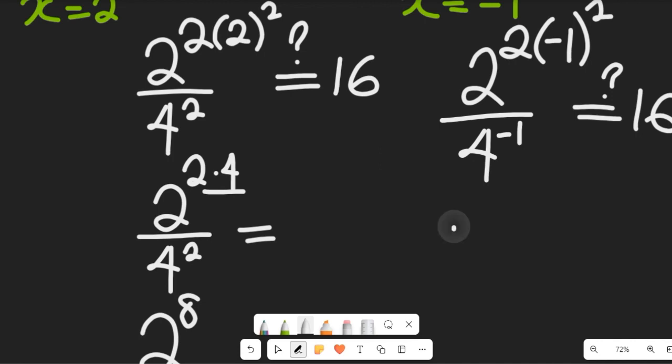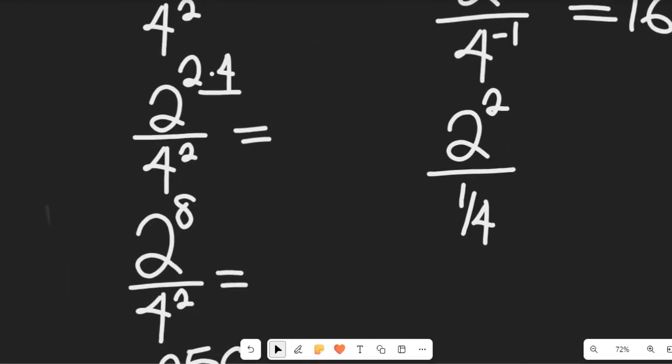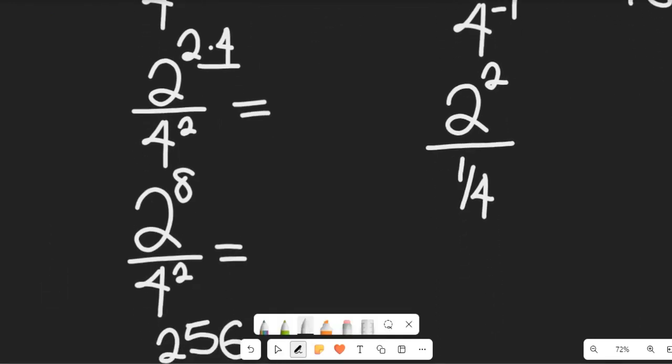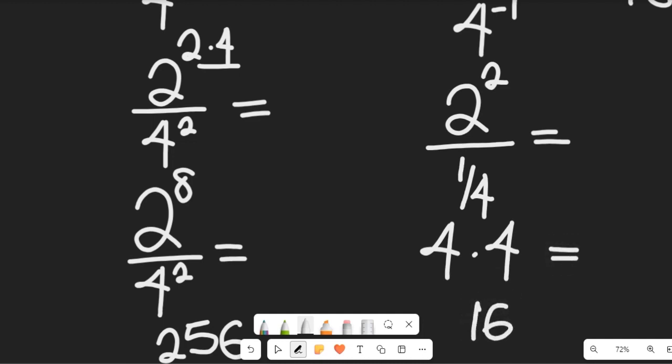So we're going to have that become 2 to the power of 2 divided by 4 to the power of -1, and this is going to give us 1 divided by 4. So 2 to the power of 2 is going to give us 4, and when you simplify this, that will be 4 multiplied by 4. Is it going to give us 16? Of course, 4 times 4 is going to give us 16.